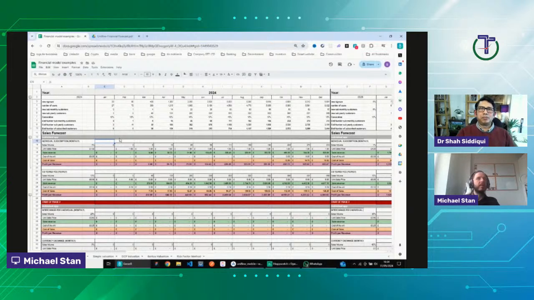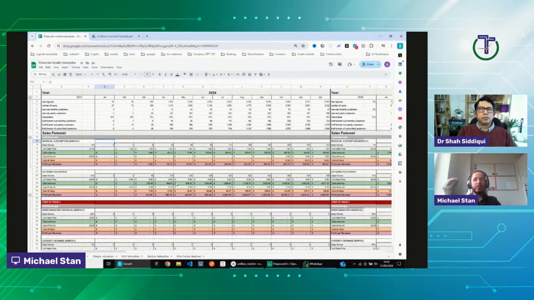Okay, so the goal of showing you that is to take you on the journey of how I'm thinking of creating a financial model and where I usually start when I'm working with people, so you can actually do it by yourself if you want to. This financial model has quite a lot of revenue streams that are separated in phases.